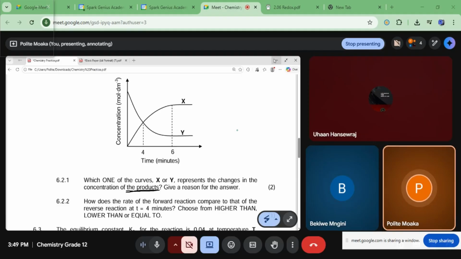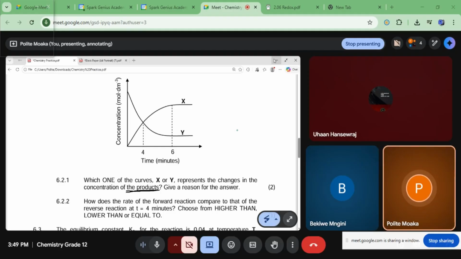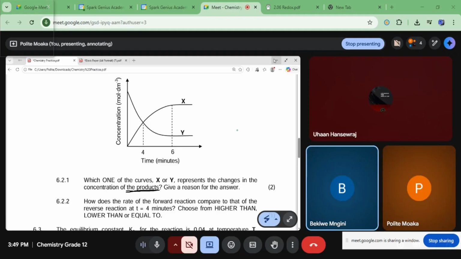Okay, I don't want you to give it to me as the reverse and the product. Just tell me between X and Y, which one represents the changes in concentration of the products. Think about this, you'll see that it's easy for you to take those 2 marks.